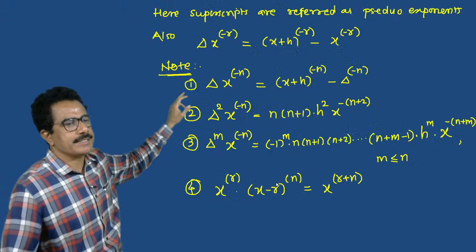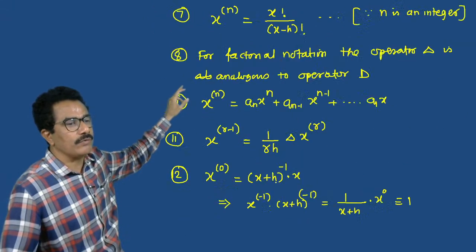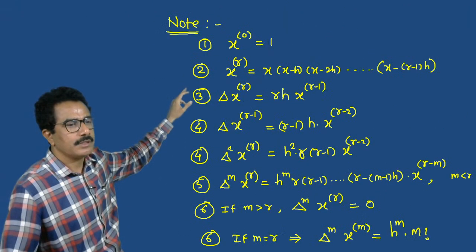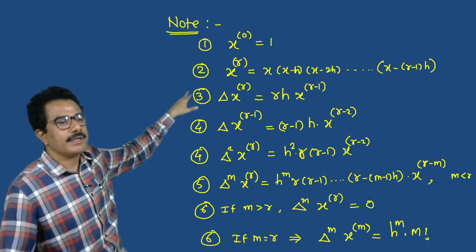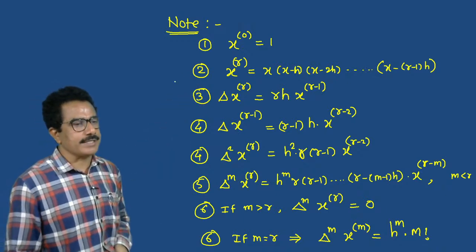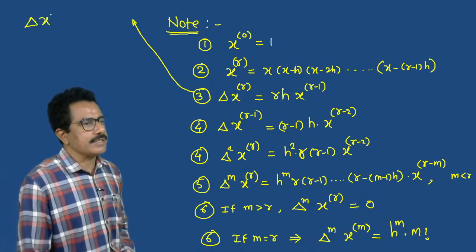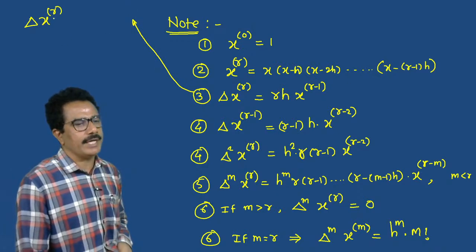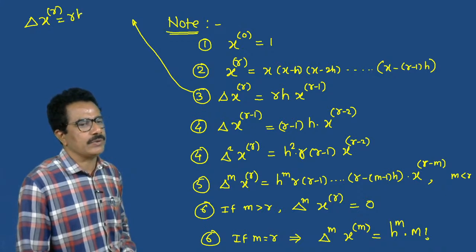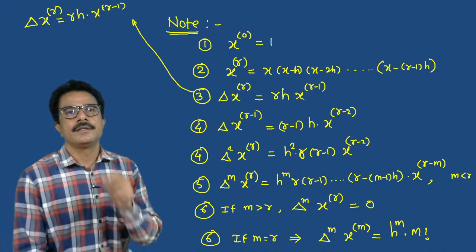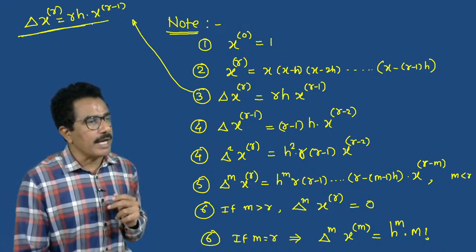Now see here, the most important note you have to follow. See this, delta x raised to r factorial is equals to r into h into x raised to r minus 1. Note this formula.